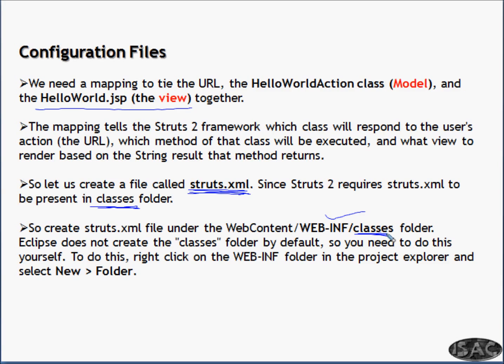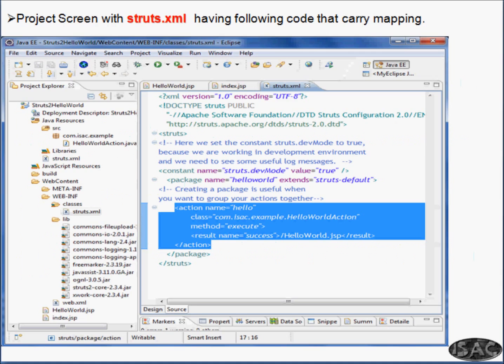So just go to the WEB-INF folder, say new folder and give the name classes, and then after that you create a struts.xml file. Look at this code of the struts.xml file. We are having one root tag, that is what? The struts tag.